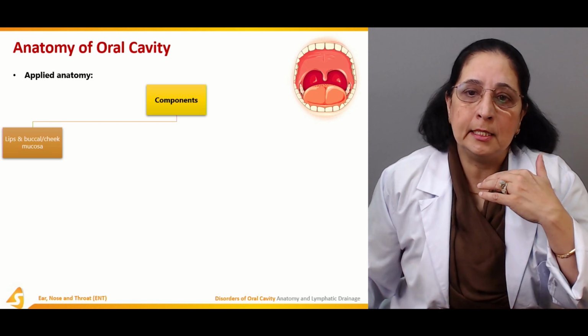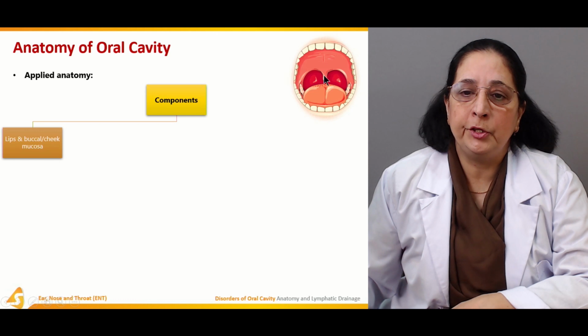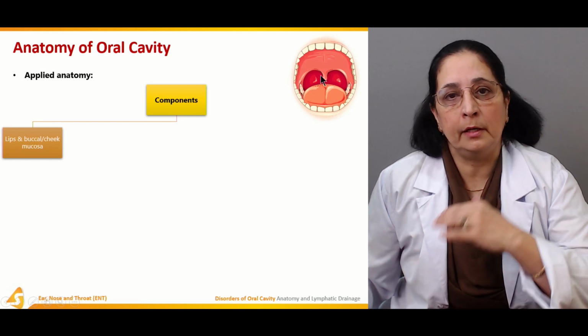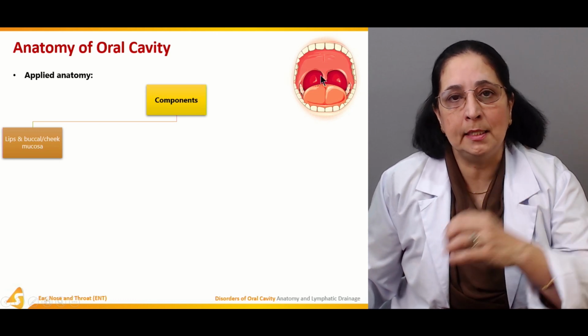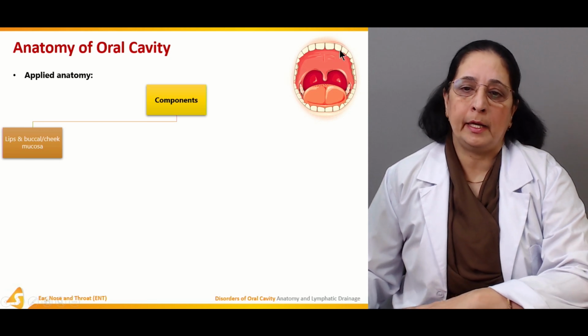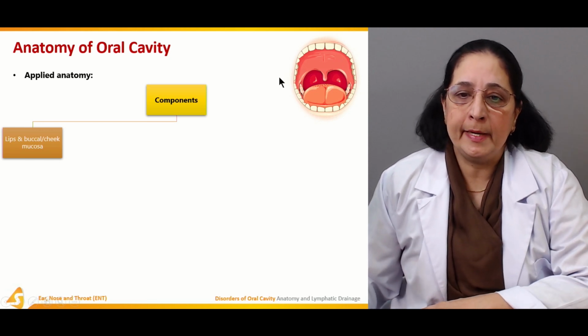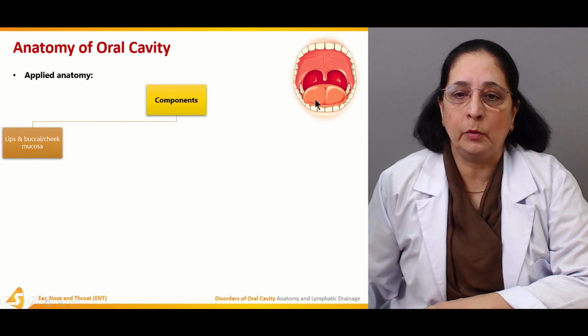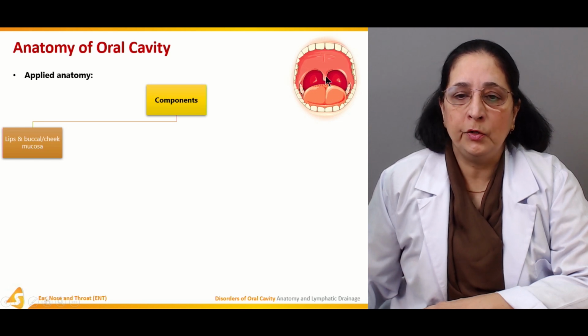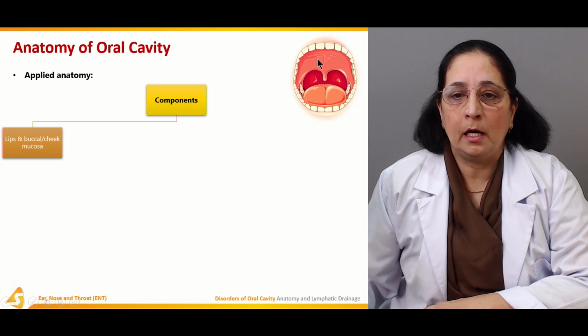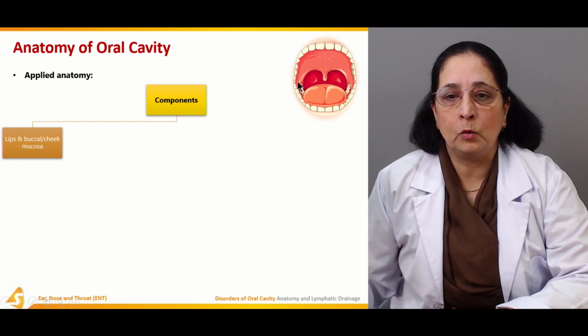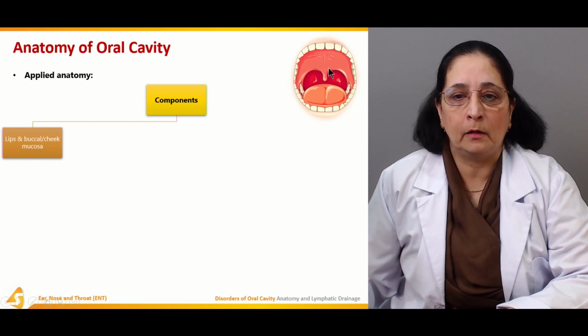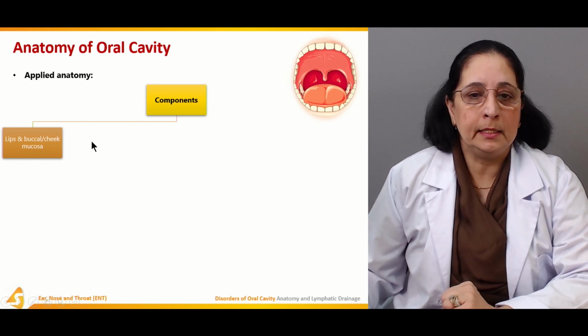On the back is the soft palate. This is the uvula hanging down. If you open the mouth and see the mouth, there is uvula hanging down. So this is the basic anatomy of the oral cavity: tongue, uvula, gums, hard palate, and then the outline by the teeth or margins. So these are the components.